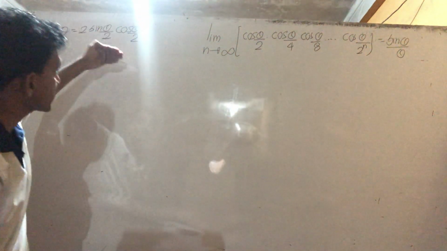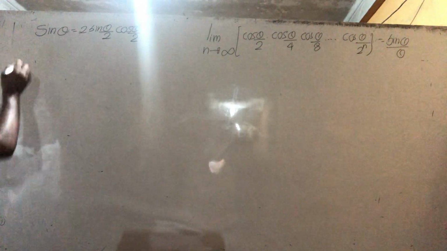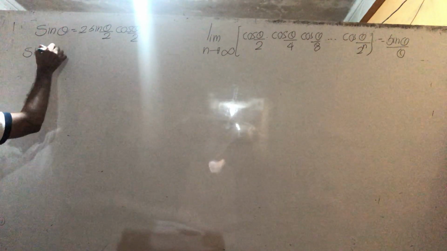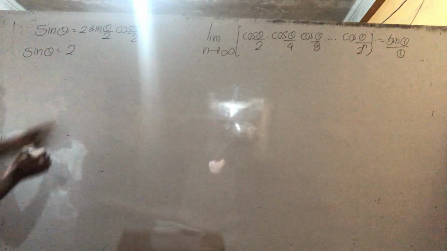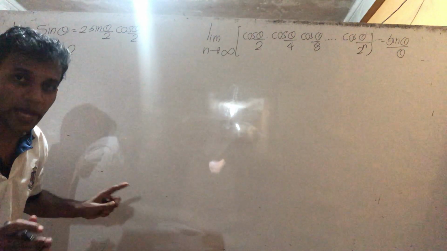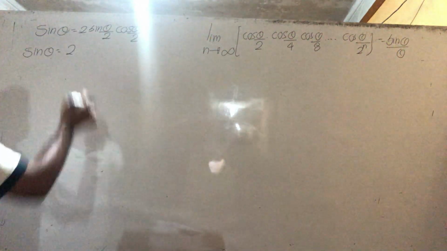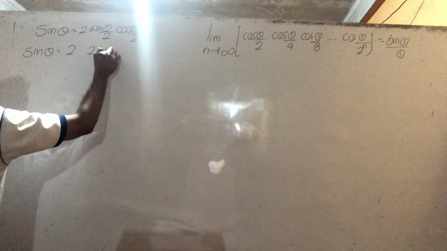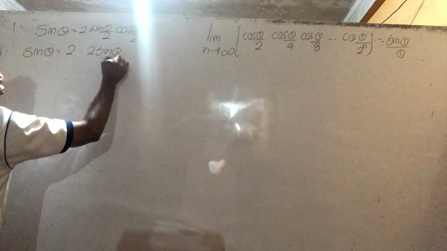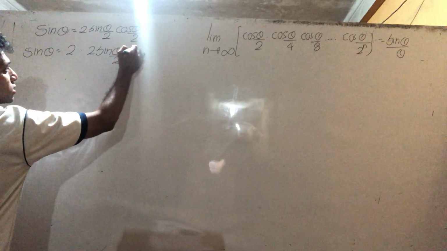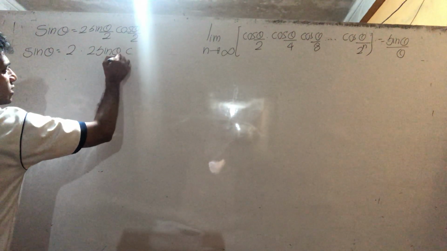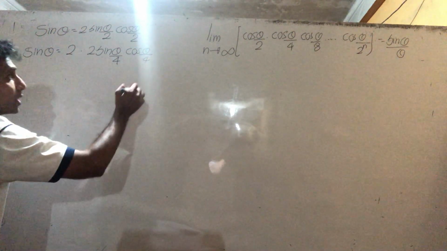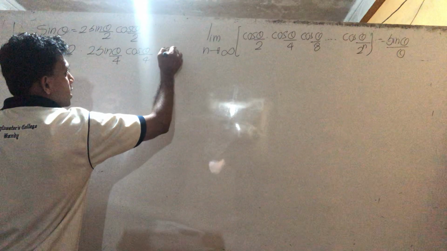Therefore, further you can extend this series pattern. Sin theta equals 2, what is sin theta by 2? Again change to double angle. Sin theta by 2 is 2 sin theta by 4 cos theta by 4, into cos theta by 2.